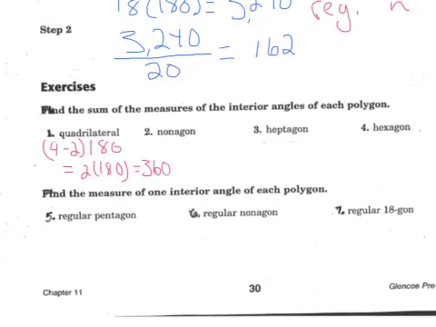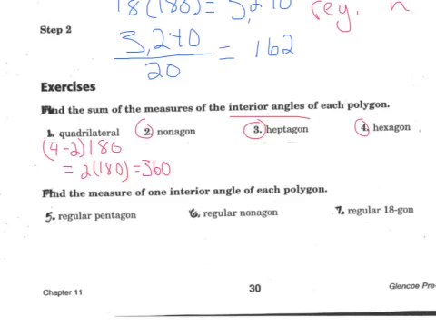So the sum of all the interior angles is 360 degrees. And that's all they're asking for us in this problem. They're not asking for each angle, they're just asking for the sum of all the angles. And they're doing that as well for number 2, 3, and 4. So I'm going to let you guys do 2, 3, and 4 on your own, and I'm going to scroll down and work on 5, 6, and 7 here.